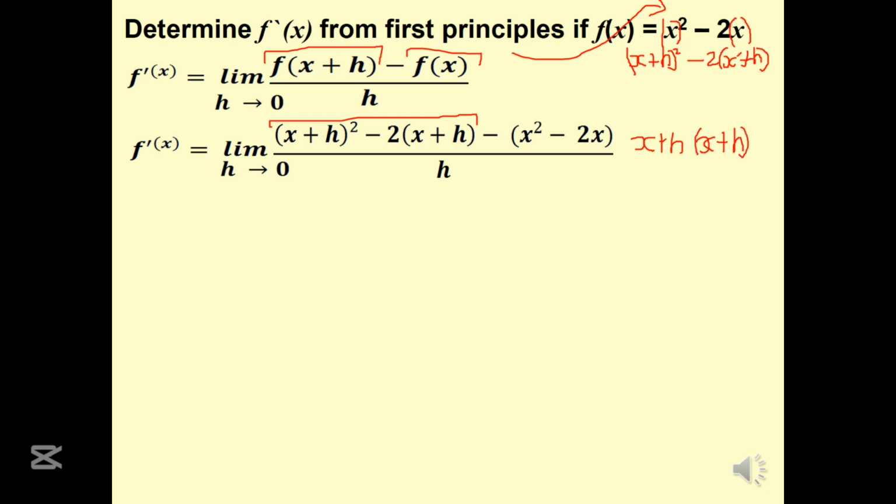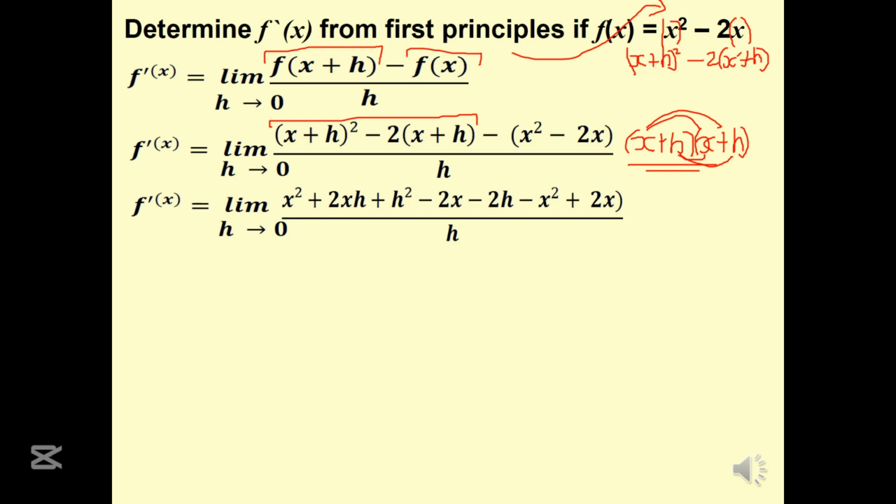Remember that x plus h squared means the bracket is repeated, and then after repeating the brackets, we apply the FOIL method to simplify it. So if we do that, this is what we have. We get x squared plus 2xh plus h squared minus 2x minus 2h, and then minus x squared plus 2x. Please be careful with negative numbers. If you look at my expression, follow through the negative numbers.